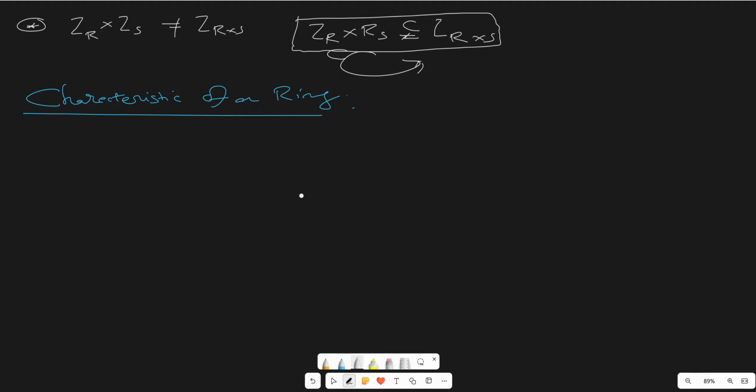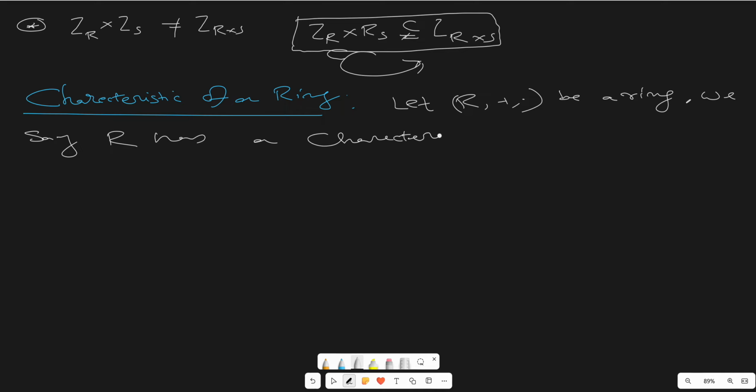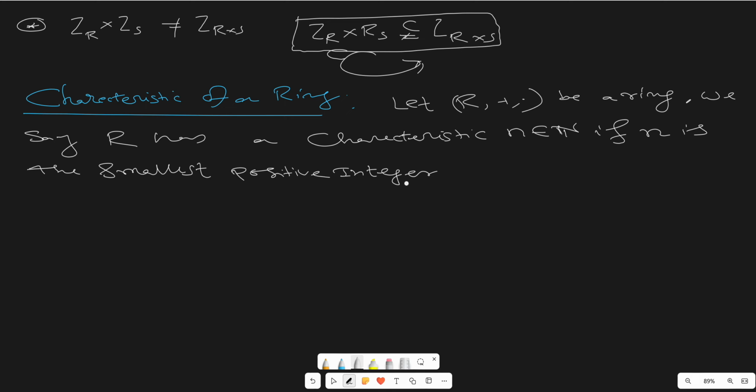Let (R, +, ·) be a ring. We say R has characteristic n, where n is a positive integer, a natural number, if n is the smallest positive integer satisfying n·a = 0, where 0 means the additive identity.